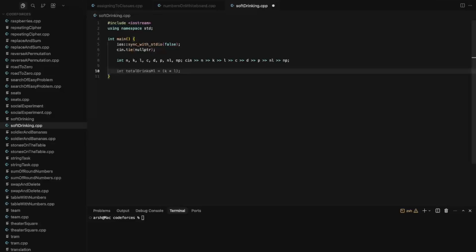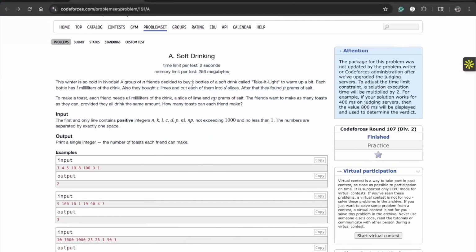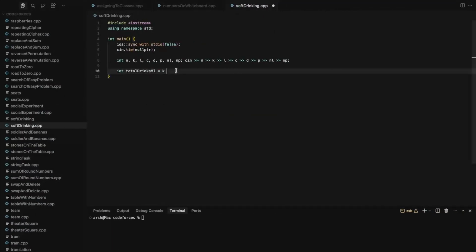Once we've done that, we will count how many milliliters of drink there is, which I will call total drink ml, which will be K, which is the number of bottles they bought, multiplied by L, which is the quantity of drink each bottle has. So K times L.